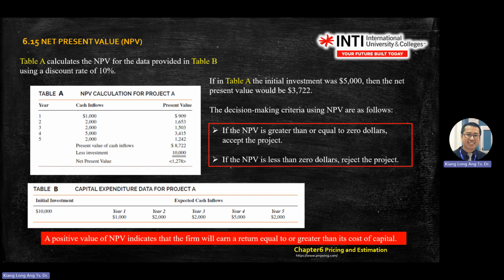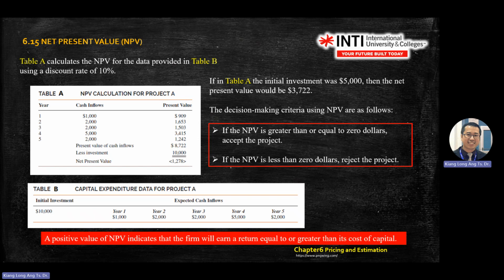Okay, so this statement, this table is important. If the NPV is greater than or equal to 0, accept the project. If the NPV is less than 0, reject the project. We need these two statements in your answer, either in test 2 or the final exam.